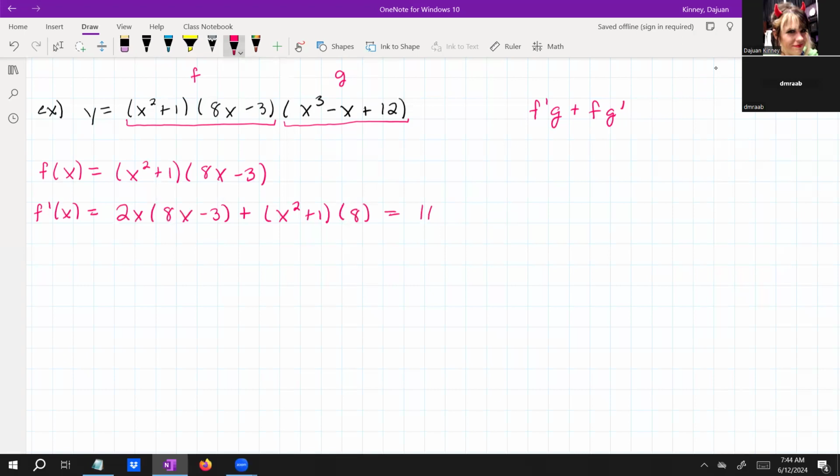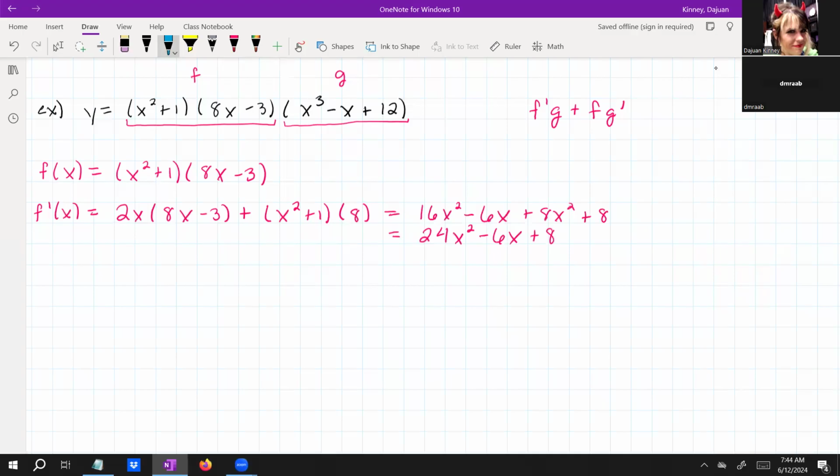I get 16x squared minus 6x plus 8x squared plus 8, right? Yep. Which equals 24x squared minus 6x plus 8. And that's just going to make our function a little nicer. Okay. Now I have this.